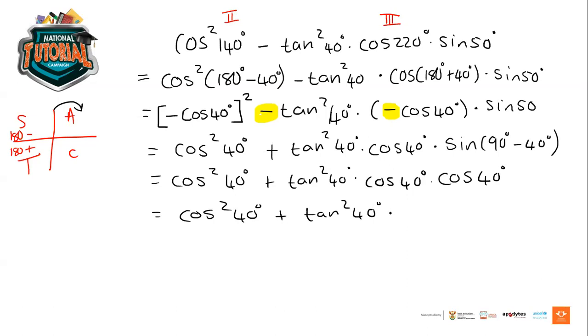Cos 40 times cos 40 is cos squared 40. And so now we can see, we can start to factorize, maybe, to simplify this a little bit. Cos squared 40 and cos squared 40 appear in both of our terms.